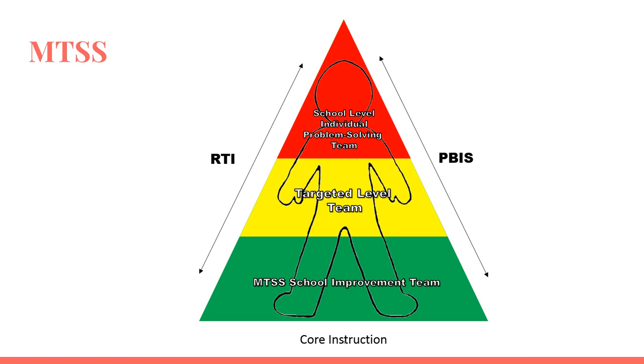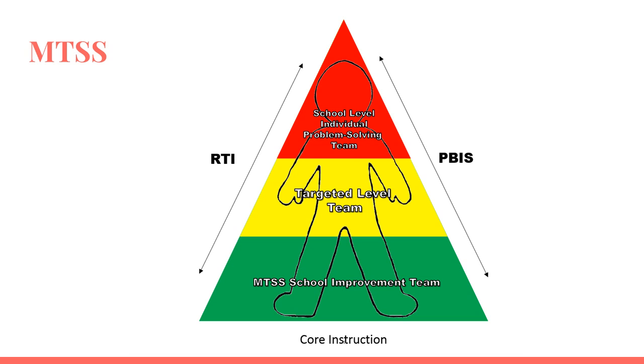On the next slide, we have the classic triangle for MTSS and how that might look in a school. It can be two different things within the same triangle and how we deliver that intervention. We can look at those academic interventions, and that's going to be that response to intervention piece, the RTI side of it.